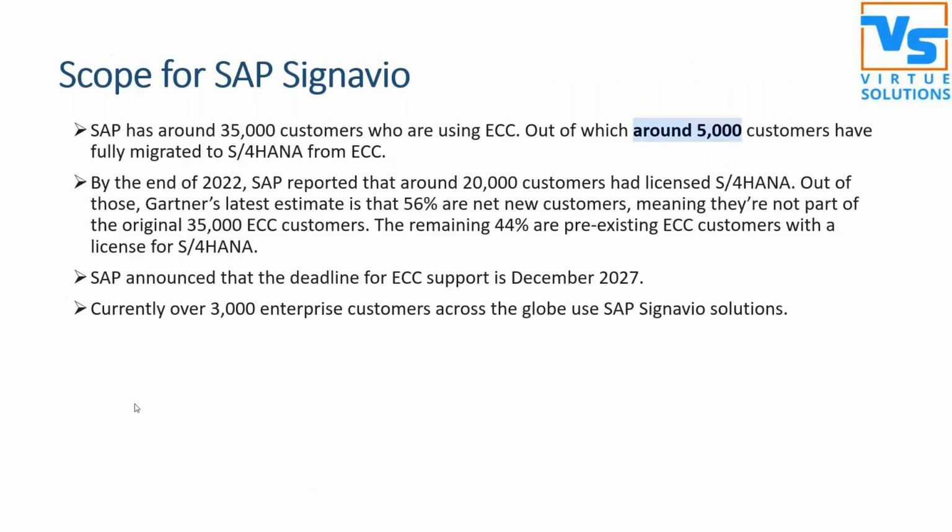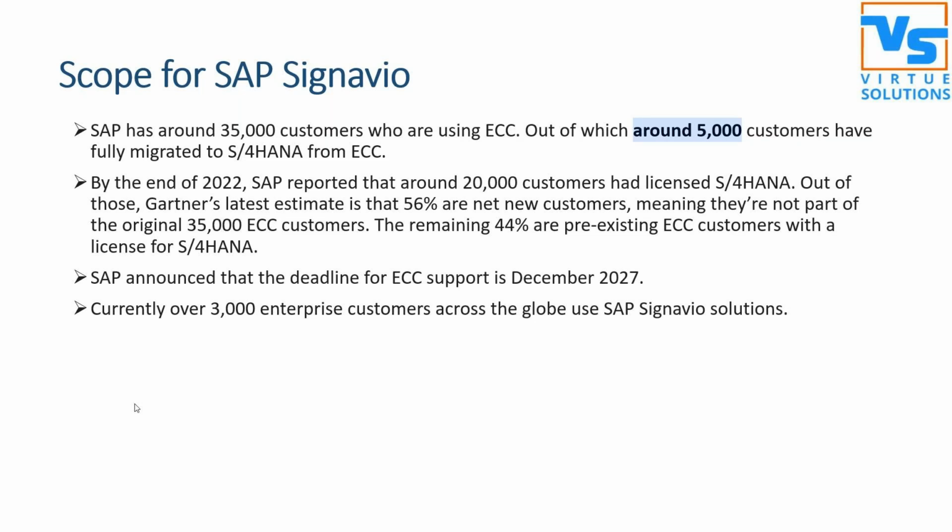This is the scope for Signavio right now. There are about 35,000 customers who are yet to migrate from SAP ECC, out of which 5,000 had migrated as per the statistics of 2022. There are still a lot of customers who need to migrate, and new customers are being onboarded to SAP S/4.